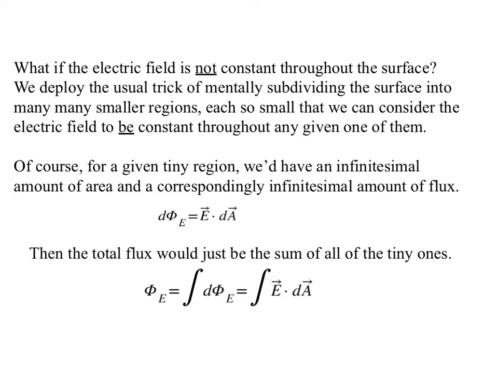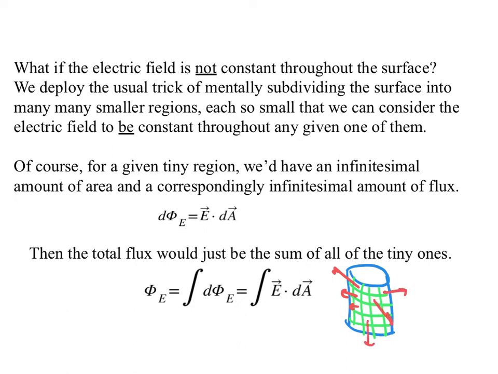So if we have, I'm going to try and come up with a decent picture here. If we have, say, a cylindrical place, and we're only worried about right now the cylinder, like so, an open paper tube or something, then we would subdivide this into many, many, many regions, with the idea that although the electric field might be different for different places, for each of these little squares, the electric field is constant.